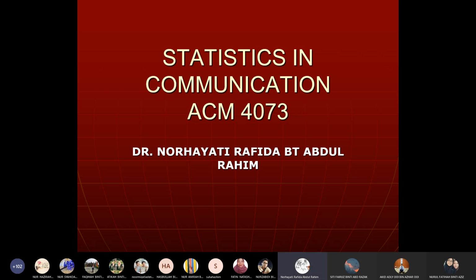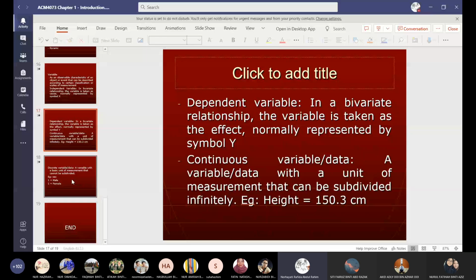Height 150.3 cm, for example. So you need to have an independent variable, and then you must have a dependent variable. If you have these two, you can now work on your data preparation.